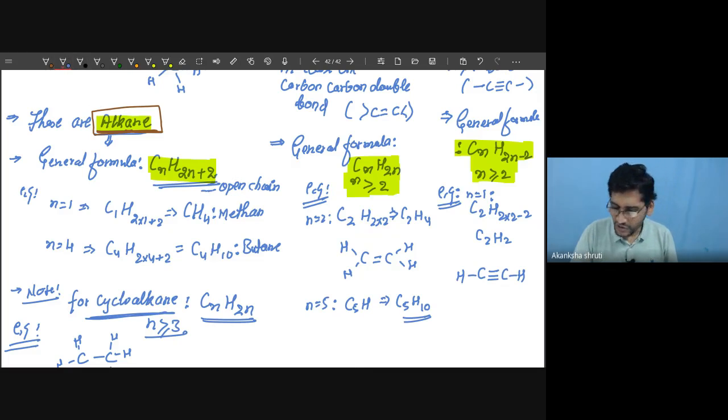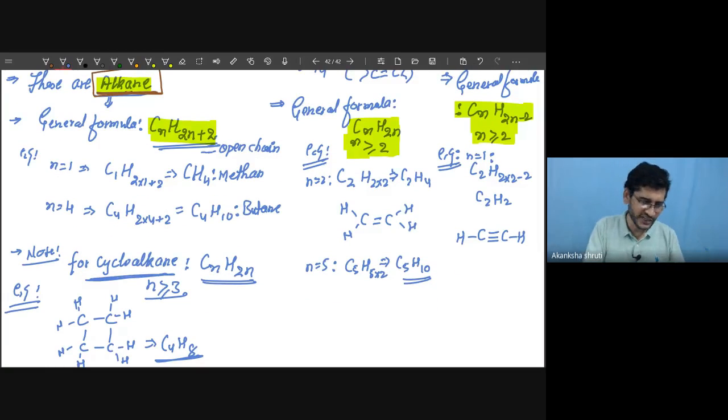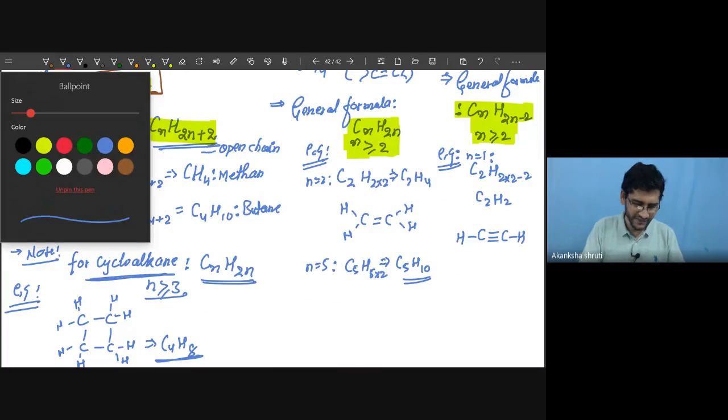You can follow those rules, or you may anticipate that at least one double bond will be present at any 2 carbons and all the others can be filled with hydrogen. So by satisfying this formula, the structure can be drawn very easily.